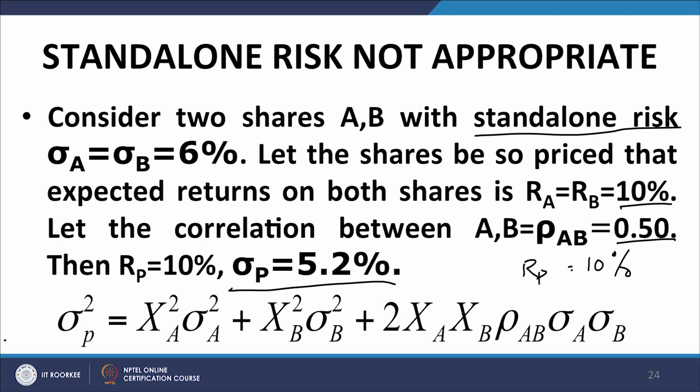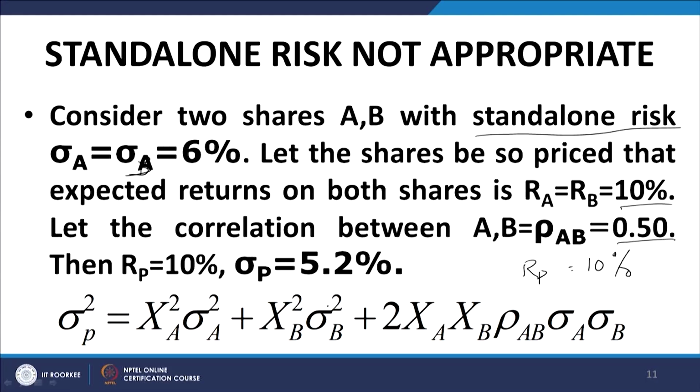What about the risk? If risk were to be measured by standard deviation, then if we work out the variance and standard deviation as per this formula, we arrive at sigma p equal to 5.2%.